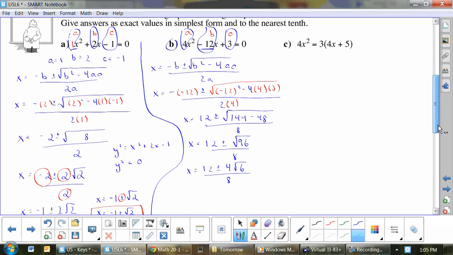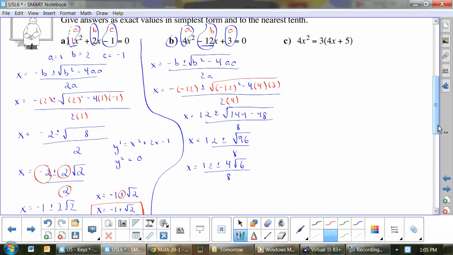And so this time, for our simplification, like last time we had, if you look, all 2's to a negative 2. This time we have 12, 4, and 8. So what can we divide it all by? So we can divide everything by 4.